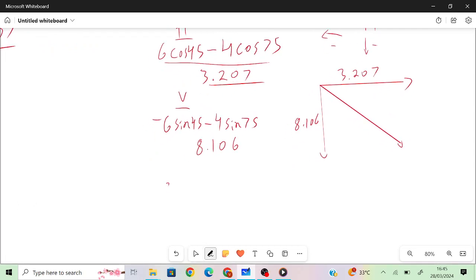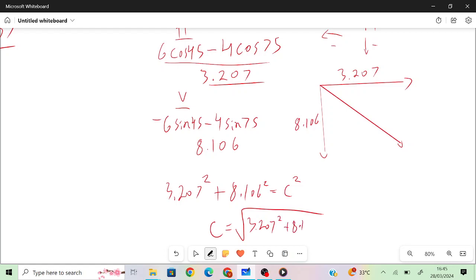So I would have 3.207 all squared plus 8.106 all squared equals my c squared, which is my resultant force. And my c would be the square root of 3.207 squared plus 8.106 squared.